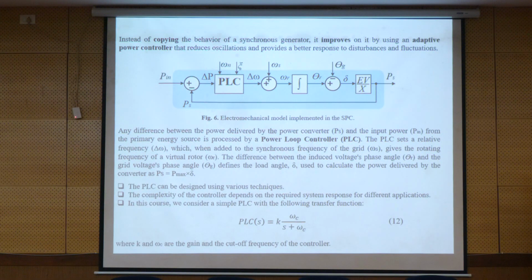So for this case, we use a PLC, or power loop controller, and we give the power difference between the input and output of the system, and based on that, when we have a change in the power, in fact we have a change in the frequency.